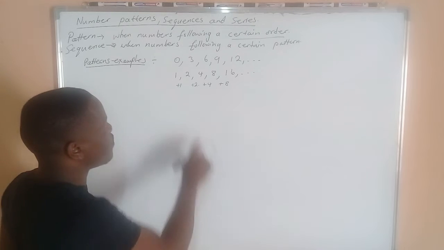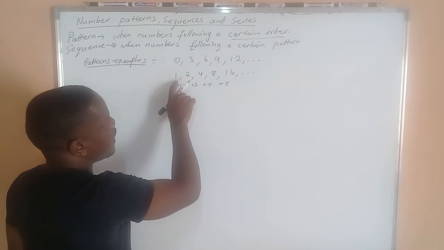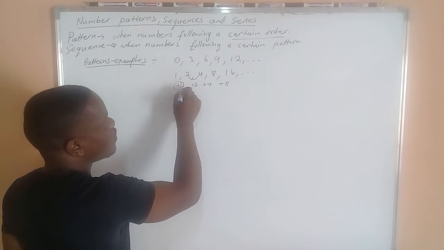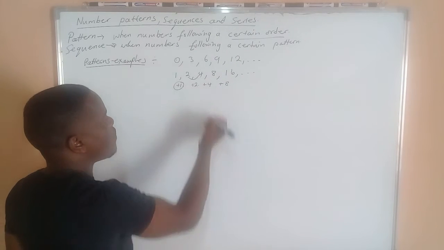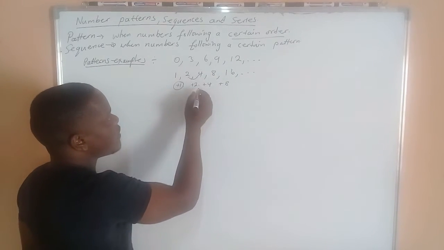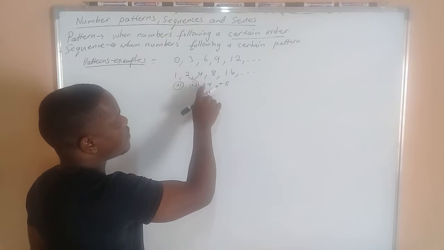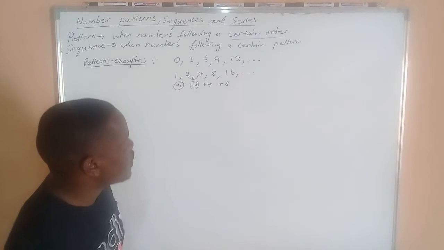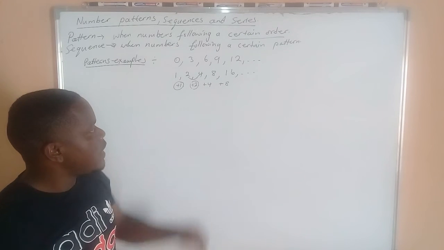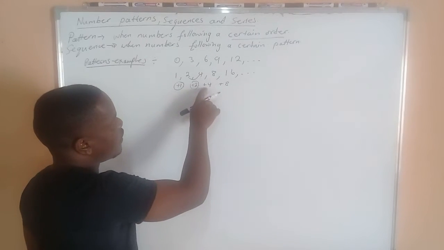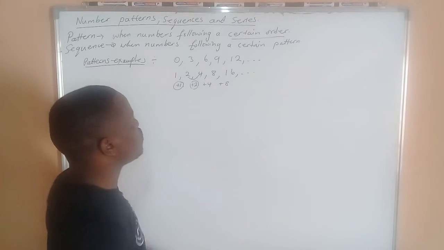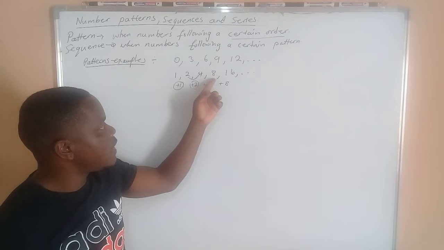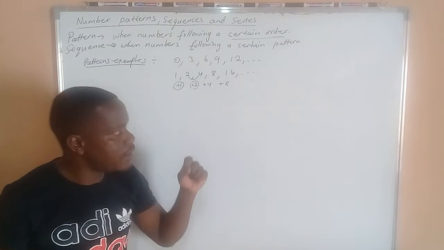For example, here I add 1, so to get the next difference I say 1 times 2, then I add that to 2 to get 4. The same thing here, you say 2 times 2 to get 4, then I add to 4 and get 8. Then here I say 4 times 2 and get 8, then I add to 8 to get 16.